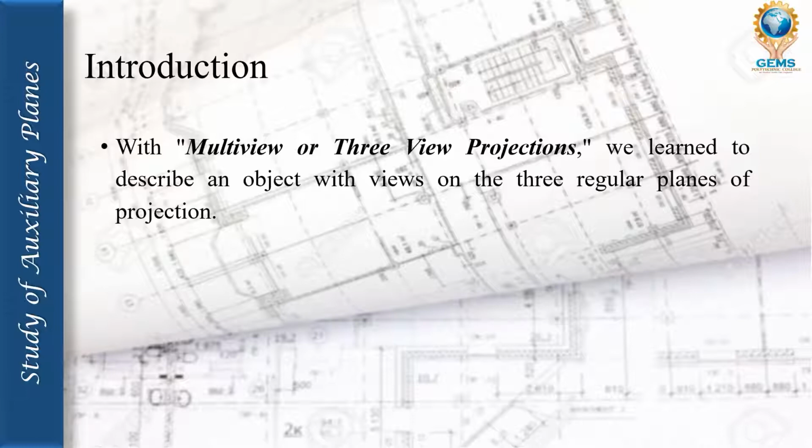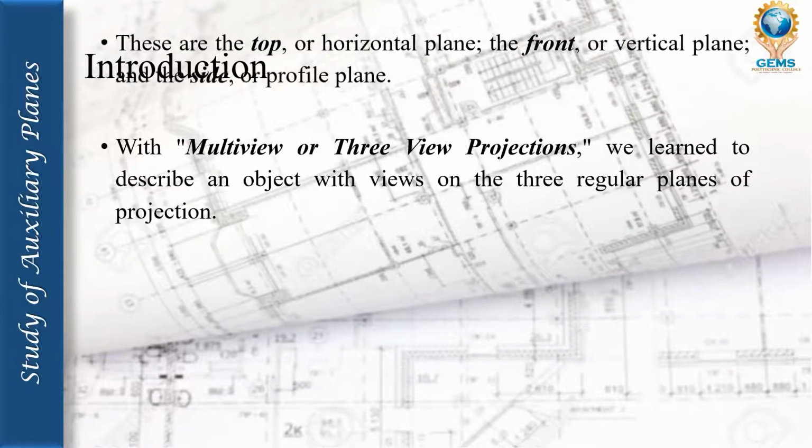It explains that with multi-view or three-view projections, we learn to describe an object with views on the three regular planes. What are the three regular planes of projection? The three views are front, side, and top.